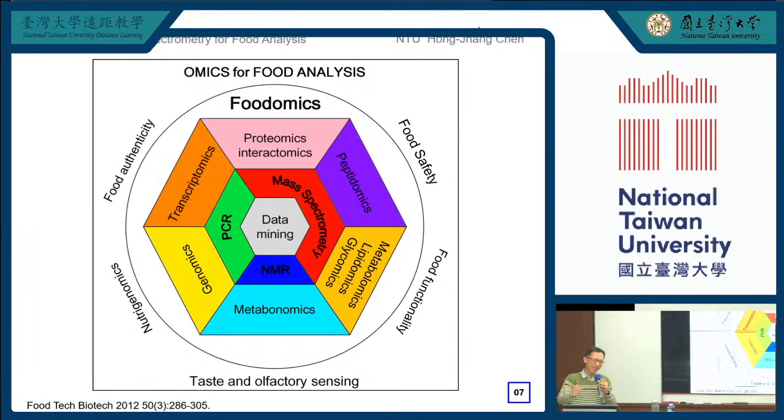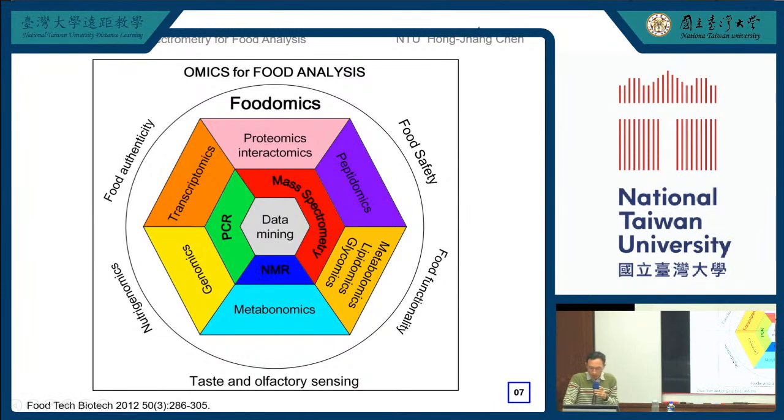So we know that foodomics is a term, but there is no foodome. They just use other omics technologies, including genomics, metabolomics, proteomics, and so on, to evaluate food issues.